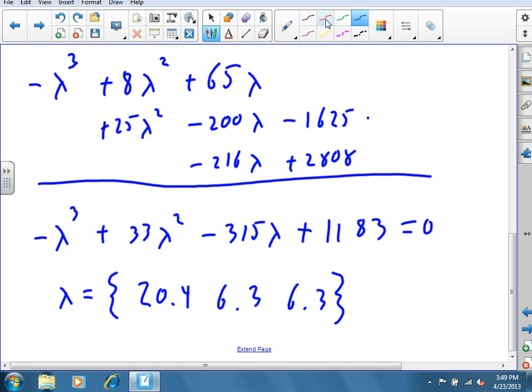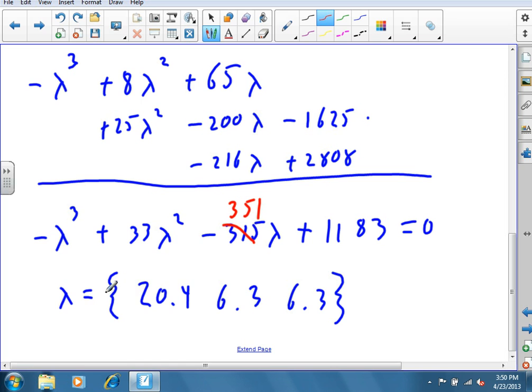Well, that might be helpful. 351. All right. Back to solving my polynomial again. Okay, so minus 1 is correct. 33 is correct. Minus 351. And that got to solve.